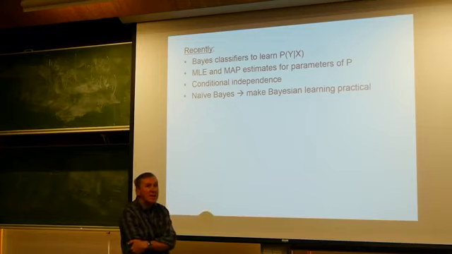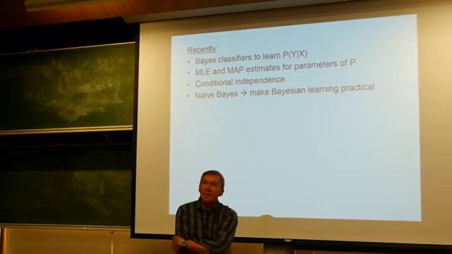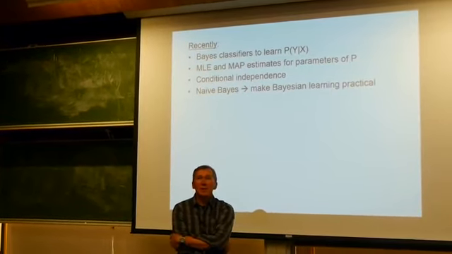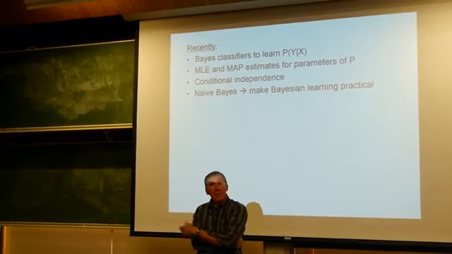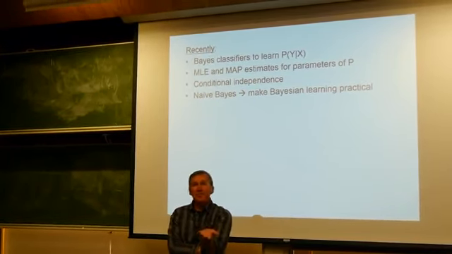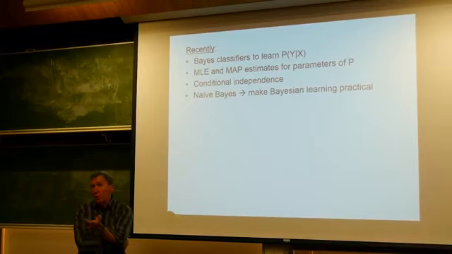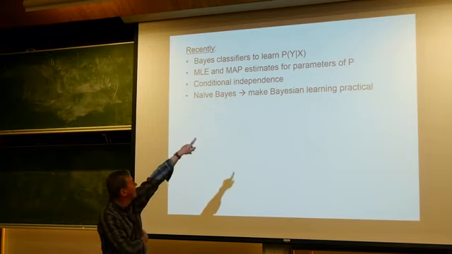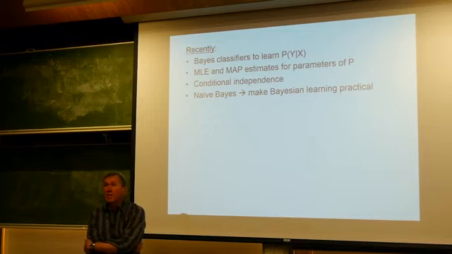Why? Because conditional independence, if we're willing to make that assumption, gives us a way to exponentially reduce the number of probability parameters that we have to learn from our training data in order to create what we were calling a naive Bayes classifier, which is a way of predicting p of y given x for any given x.